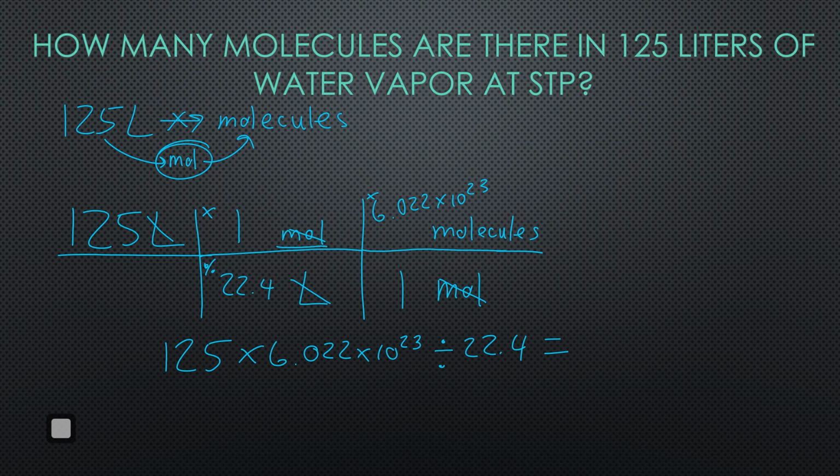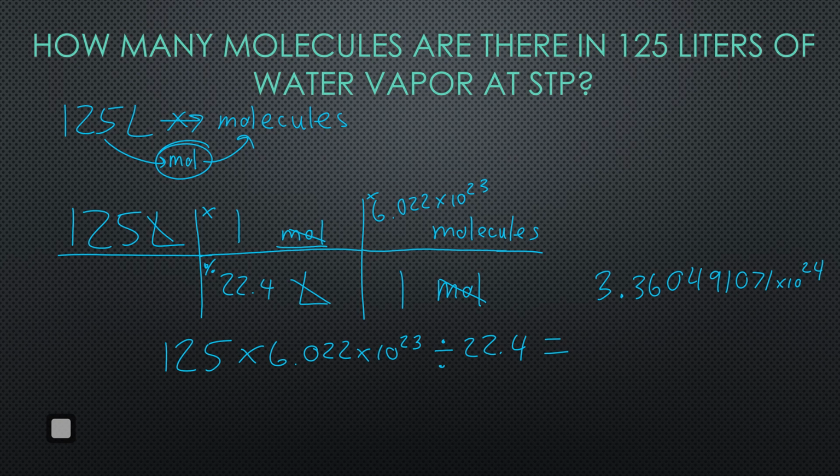All right? So let's do that. Doing it right now. Stop telling me what to do. 125 times 6.022 times 10 to the 23rd times, oh, no, not times, divided by 22.4. And I get, I'll write out the whole number again, 3.360491071 times 10 to the 24th.